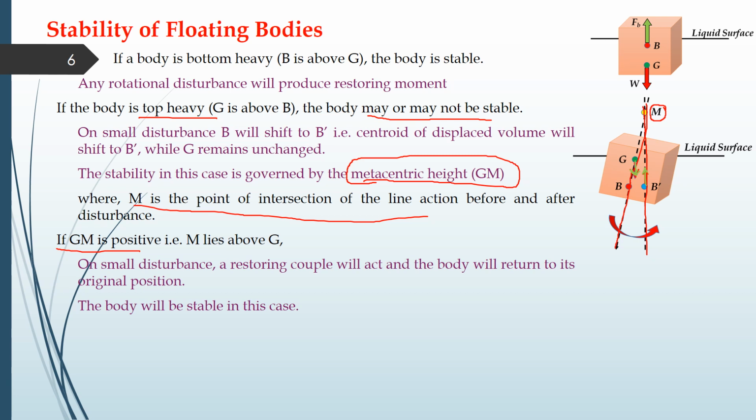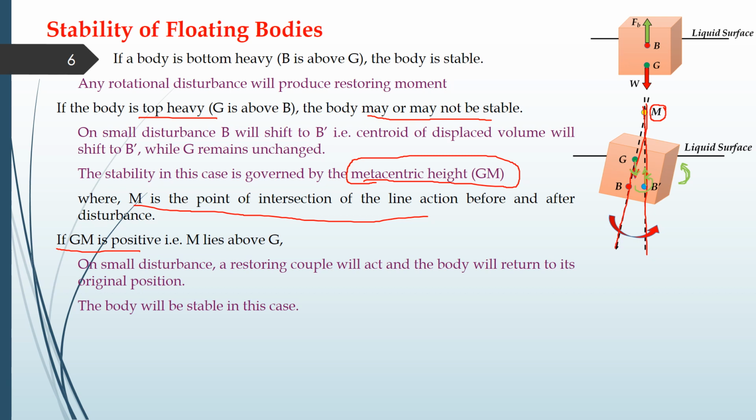What will happen? It will form a couple because they are at a certain distance. It will tend to form a couple in the anti-clockwise direction, because you can see, if you extend like this, it is in this direction. This anti-clockwise couple created over here will try to bring the body towards its original position.